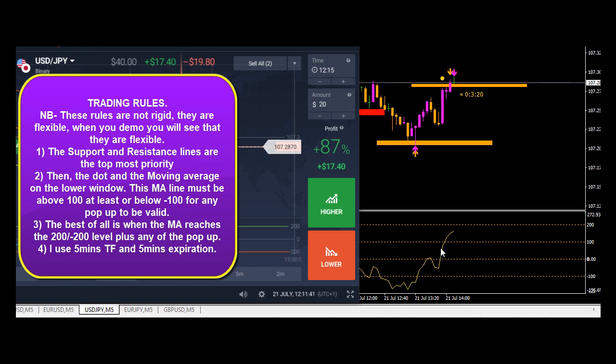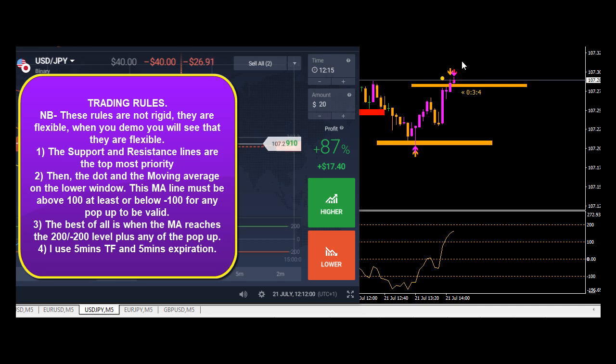If it is above 100, you should be expecting sell. So after the dot, you notice that this moving average on the RSI is above 100 and getting closer to 200. Then be expecting an arrow after it on the next candle.